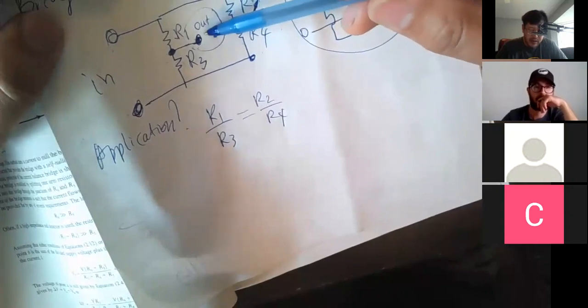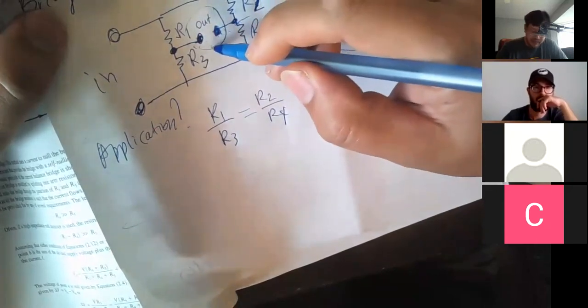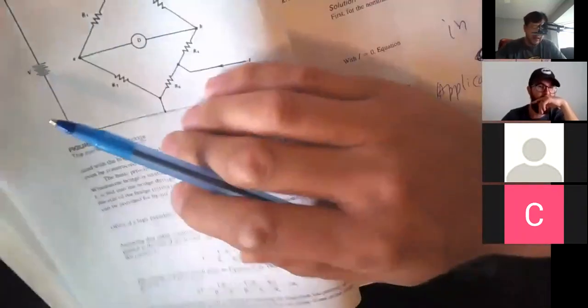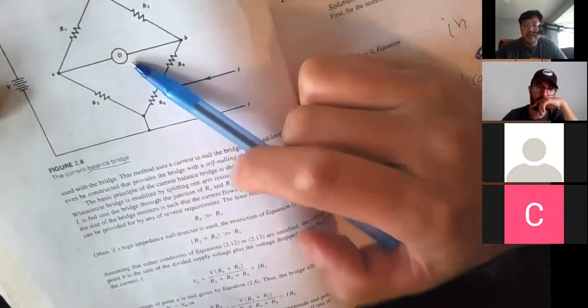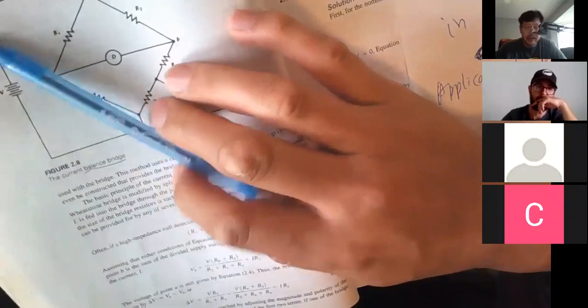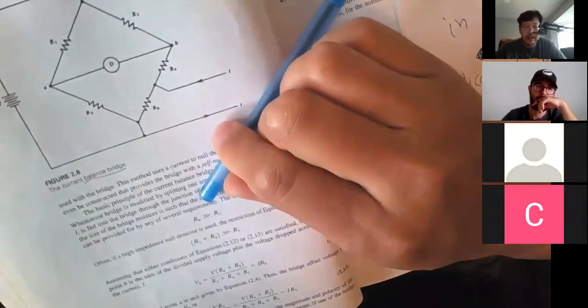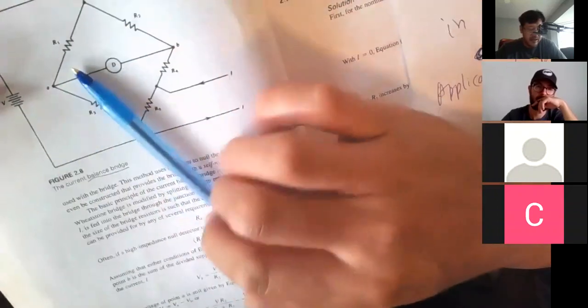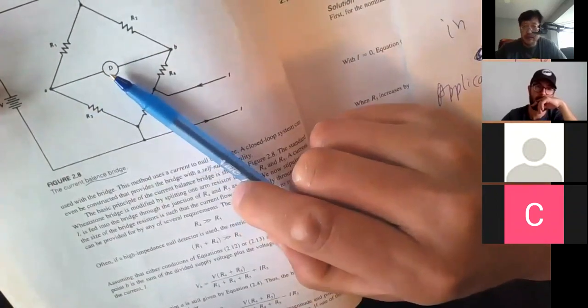That means the voltage difference here is 0. So we can hook up a meter. If the bridge is unbalanced, the meter reading will deflect either left or right. When the bridge is perfectly balanced, the reading on the meter will be 0.